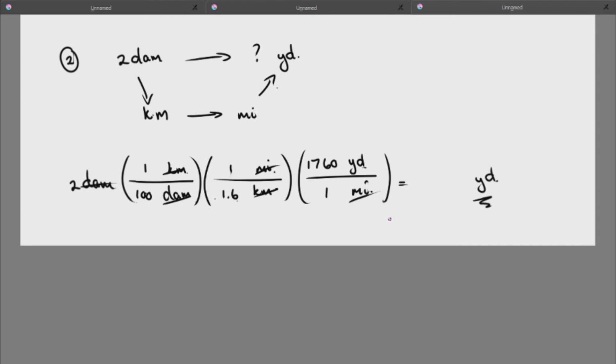I never thought about the calculation until now. 2 divided by 100 divided by 1.6 times 1760, and it is what it is. I don't know what it is. 20 point? Nothing? Oh, surely there's something. No decimal. Oh, no decimal, perfect. Even better. So of course, it's not exactly 22 yards because it's not exactly 1 mile to 1.6 kilometers, but we're so close.